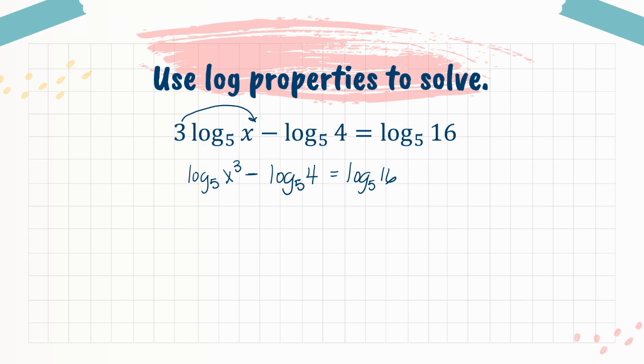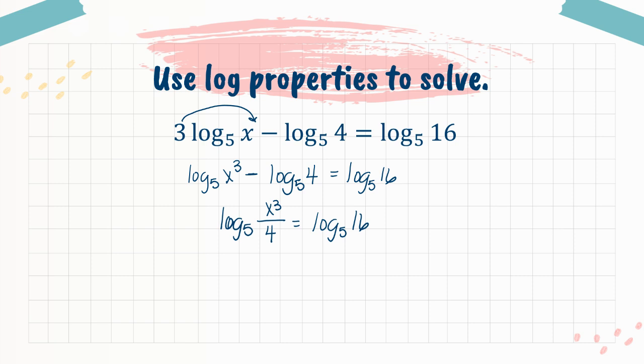Now I'm going to remember that my log properties tell me that division means subtraction, means that I divide the parts. So I'm going to condense this even further into x cubed divided by 4, so that now on the left side, I only have one log.